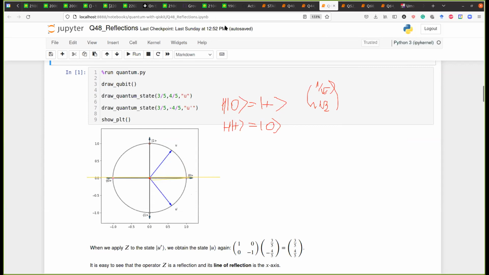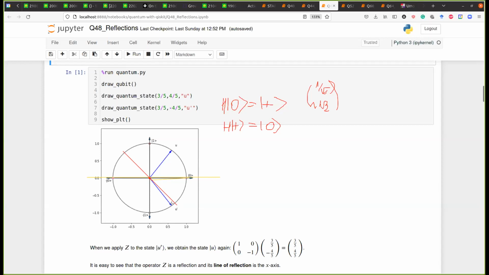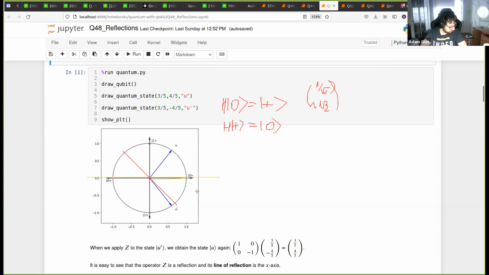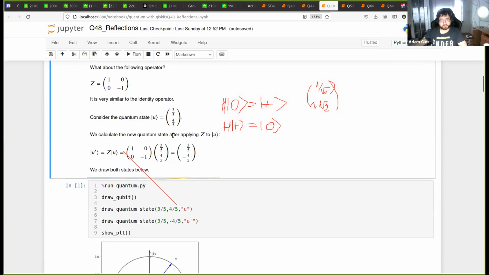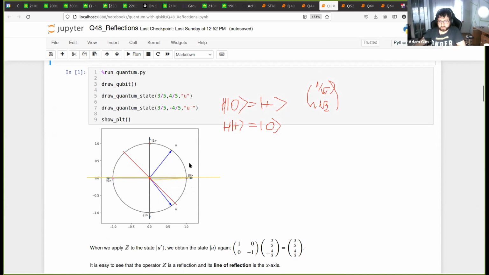But the rotation will map this state into this one, to the original state, when applied twice. Okay, so maybe the definition is not perfect. I need to think about this. I will try to respond better later.